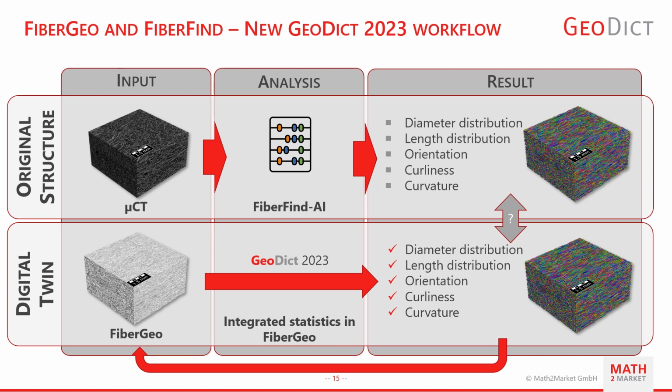So you can now, without rerunning FIB-Find AI for every iteration of your model, directly compare the results that are contained in the FIB-Geo result with the results you get from the FIB-Find AI output of your original structure. This will make the workflow of creating a digital twin based on the geometrical properties a lot easier and faster.